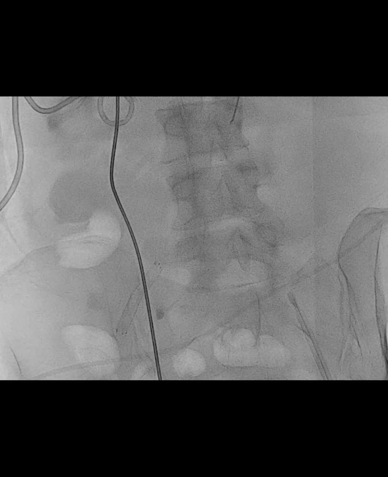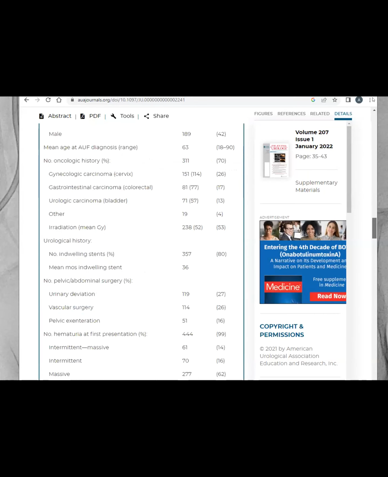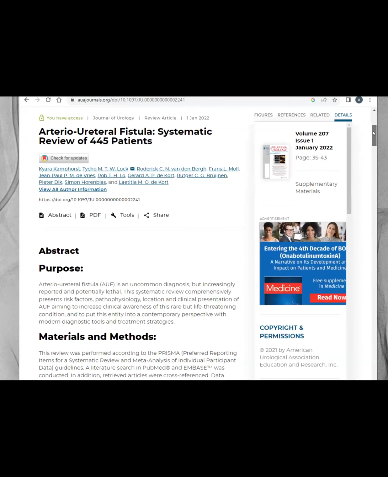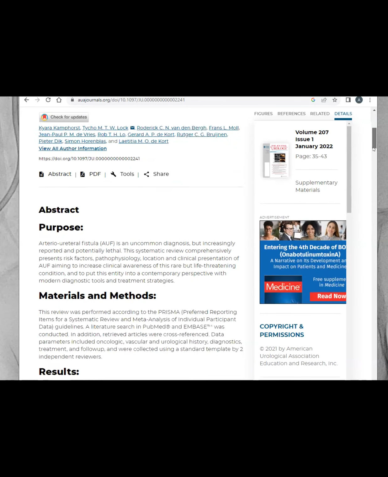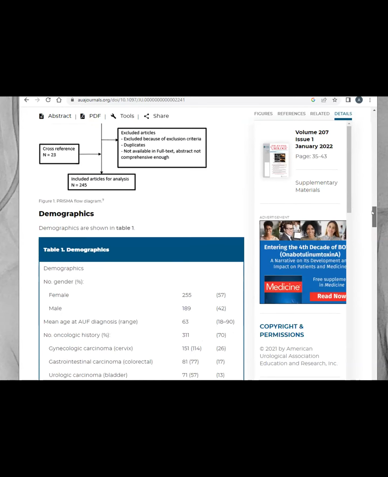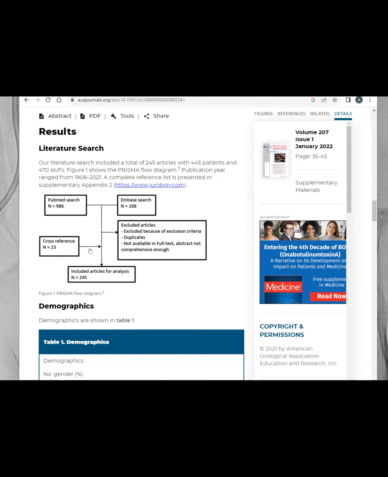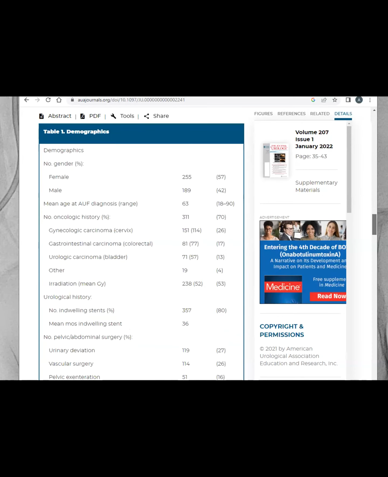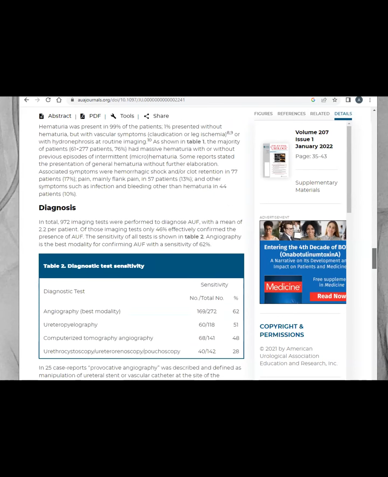This is a systematic review of 445 patients with an AUF, arterio-ureteral fistula. So even though it's rare, it's reasonably common. They went through articles, some with multiple patients, and went through all the demographics and risk factors.